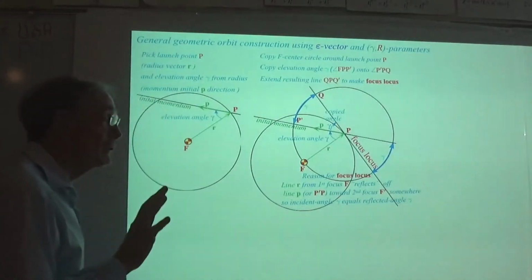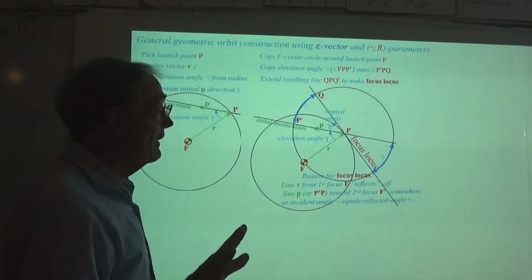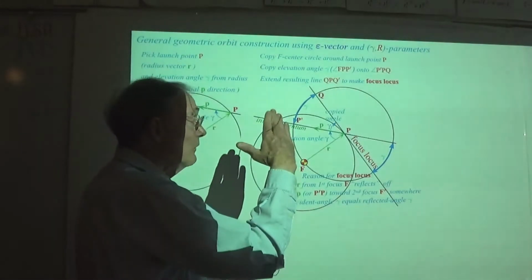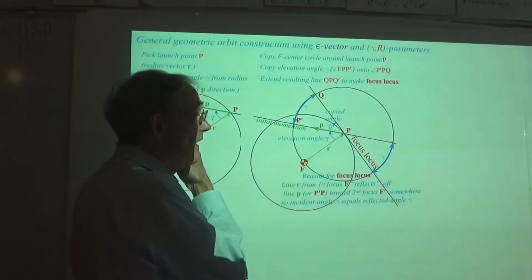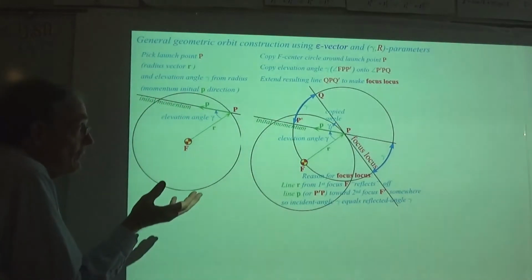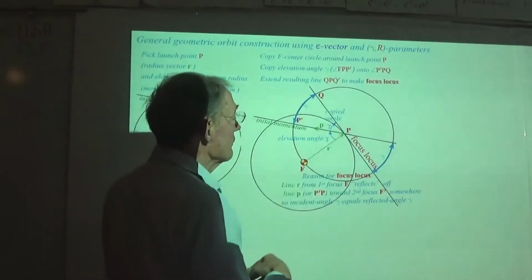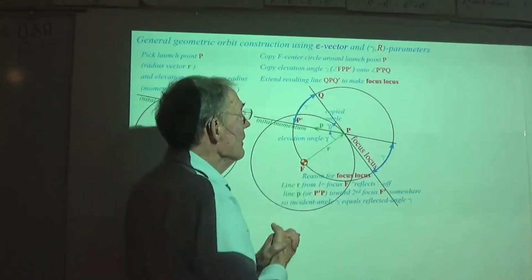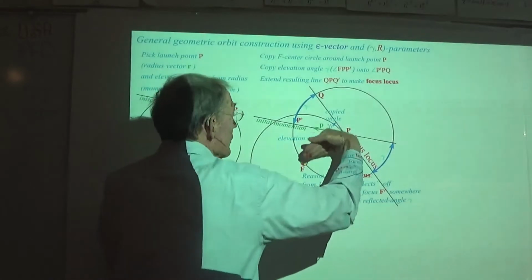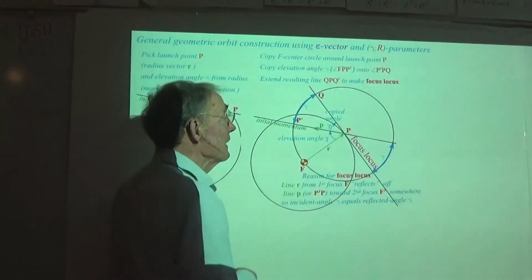Remember there was a focus locus for the Rutherford scatter. There's a line that we found going through the 2A circle. Well, this is the same thing, except it's off of any radius with any direction that I want. I just have to make sure this angle is the same as that angle.